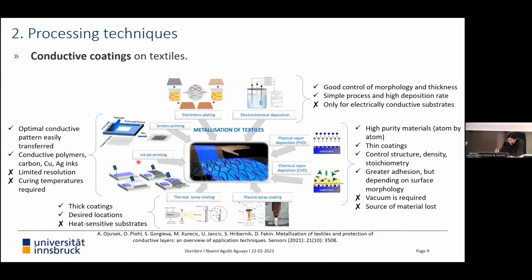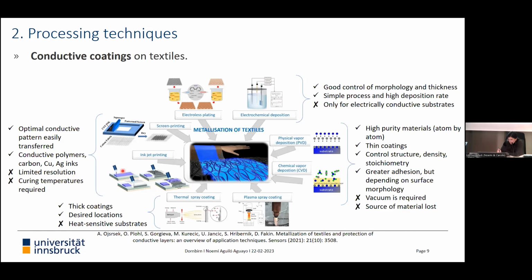In inkjet printing, this transfer is done through the inkjet nozzle that spreads the ink with your conductive material directly on your substrate. Here you can use many materials. You can use conductive polymers, carbon, copper, silver inks.